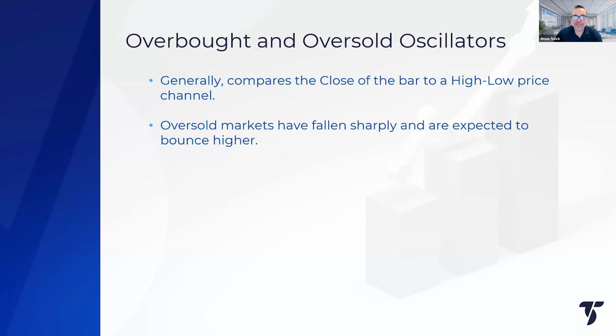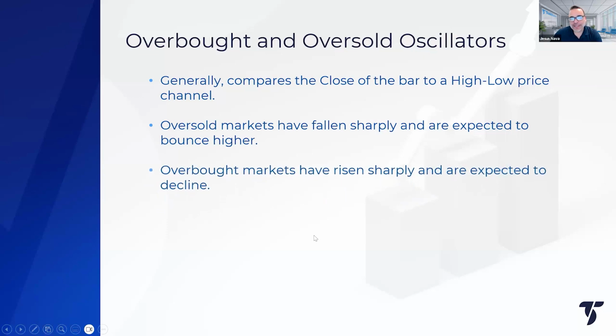The market has reached an extreme, fallen sharply, and is in what's called an oversold state, and is expected to bounce and go higher. The other side is when the market has reached an extreme on the higher side, has broken the channel, has penetrated that band, and eventually is expected to come back down and decline. That's pretty much, in a basic explanation, what an overbought and oversold oscillator does.